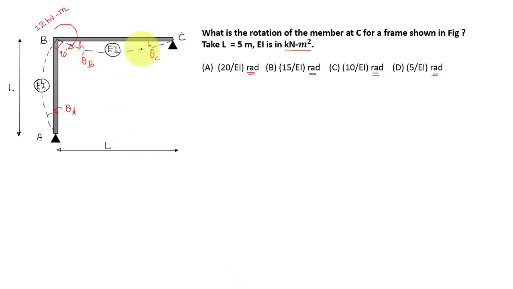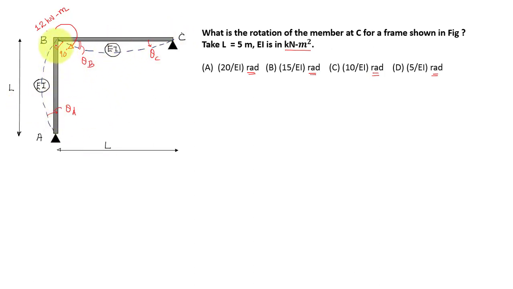We can solve this question by using different methods. You can use the slope deflection method or any other method. But the easy method to solve this question without spending much time is the moment distribution method. From the given data, we can see that members BA and BC both have the same length and same EI.